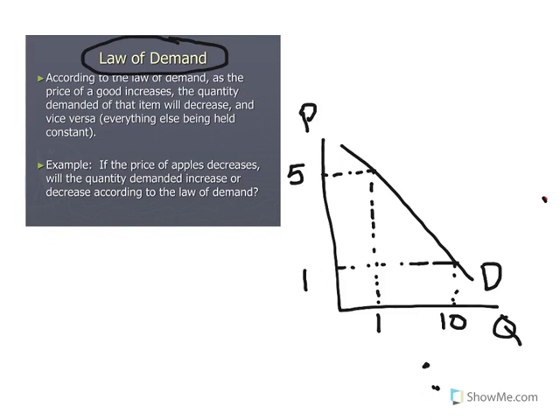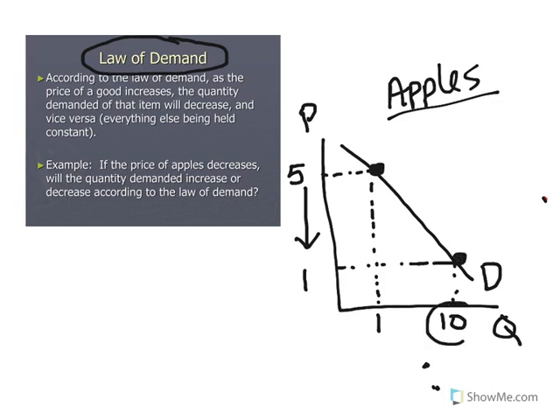So all of the other factors related to our demand for a good can't be changing, otherwise the law of demand does not hold. So for example, if the price of apple decreases, will the quantity demanded increase or decrease according to the law of demand? Well, we can see right here, if this was our graph for apples and the price decreased, so let's say apples went from $5 down to $1, we could clearly see that we went from wanting to purchase 1 apple to wanting to purchase 10 apples.